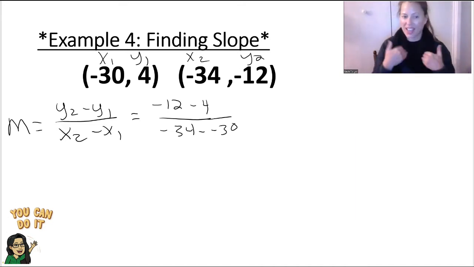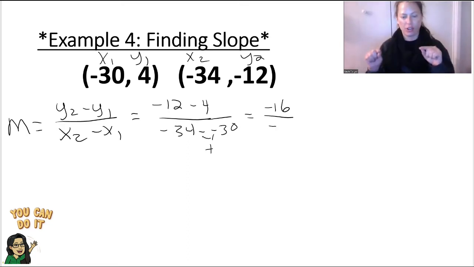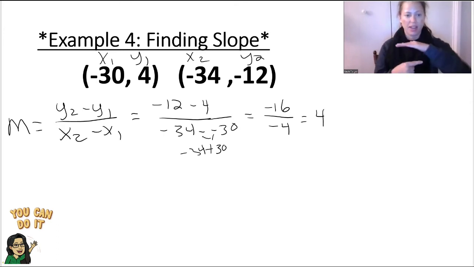It's minus negative 30. Okay, so then this right here makes negative 16 over, and that's going to make positive. So that'll be negative 4, because that would be negative 34 plus 30, so that makes negative 4. Negative 16 divided by negative 4 makes positive 4. So that is my slope.